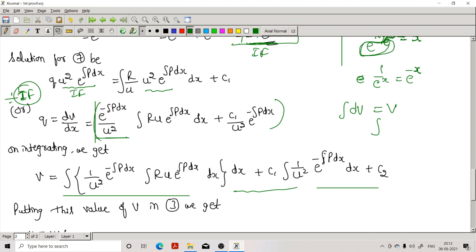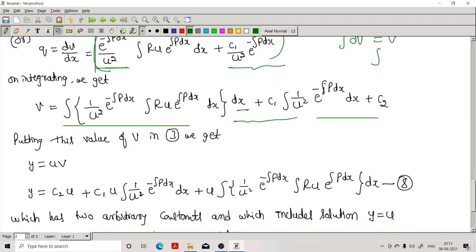Therefore integration of this whole term 1 by u square into this with respect to x. I'm just splitting those two expressions because you have to integrate both of them. You will get integration of this with respect to x as well as integration of this with respect to x. It is 1 by u square into this.